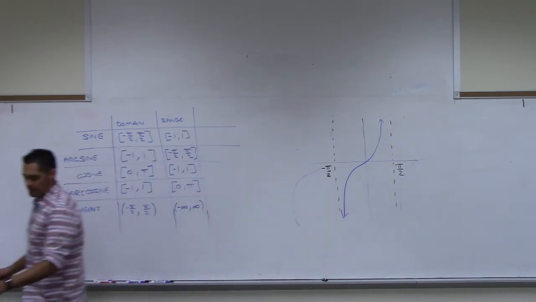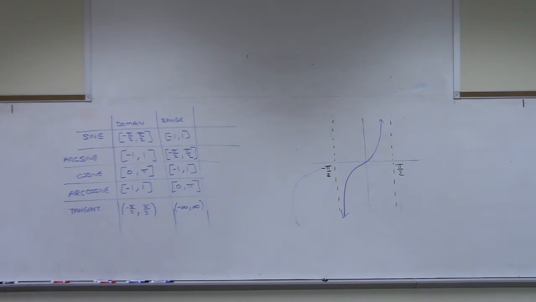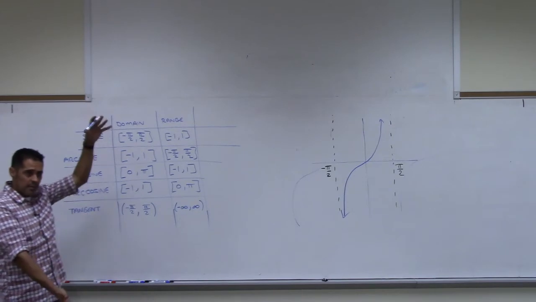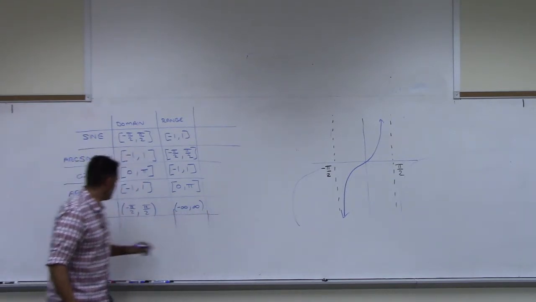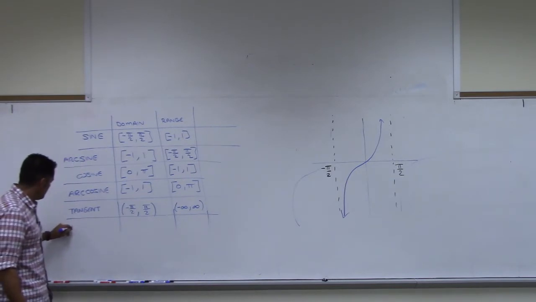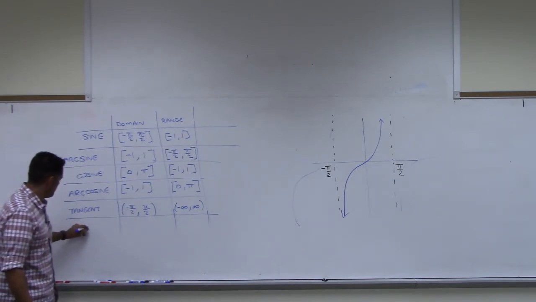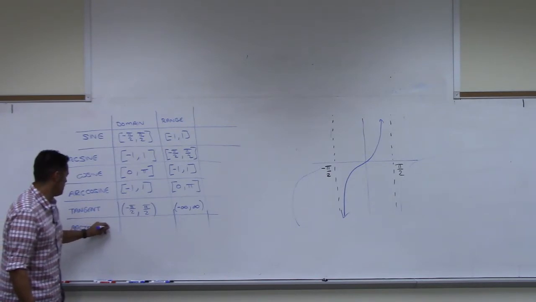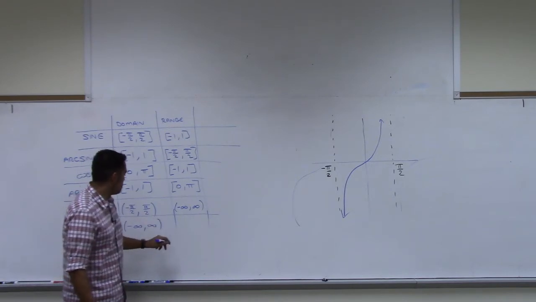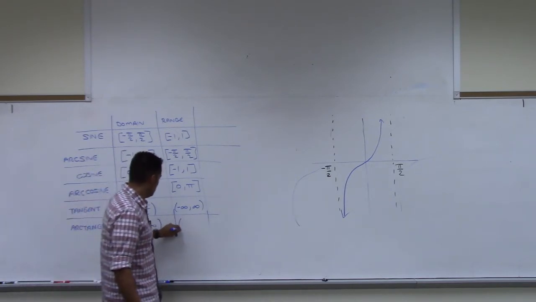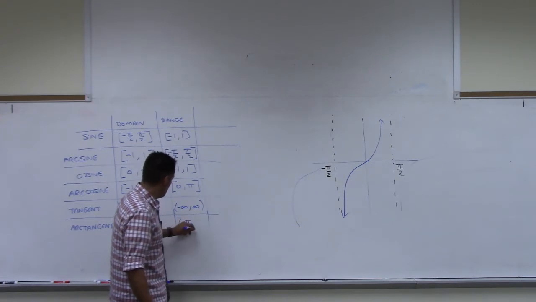All right, negative infinity to infinity. Do y'all see the range? It's everything. That's interesting, because that means the arc tangent is going to have a domain of everything, all real numbers. So arc tangent is going to have as its domain negative infinity to infinity, and as its range, negative pi over 2 to pi over 2.